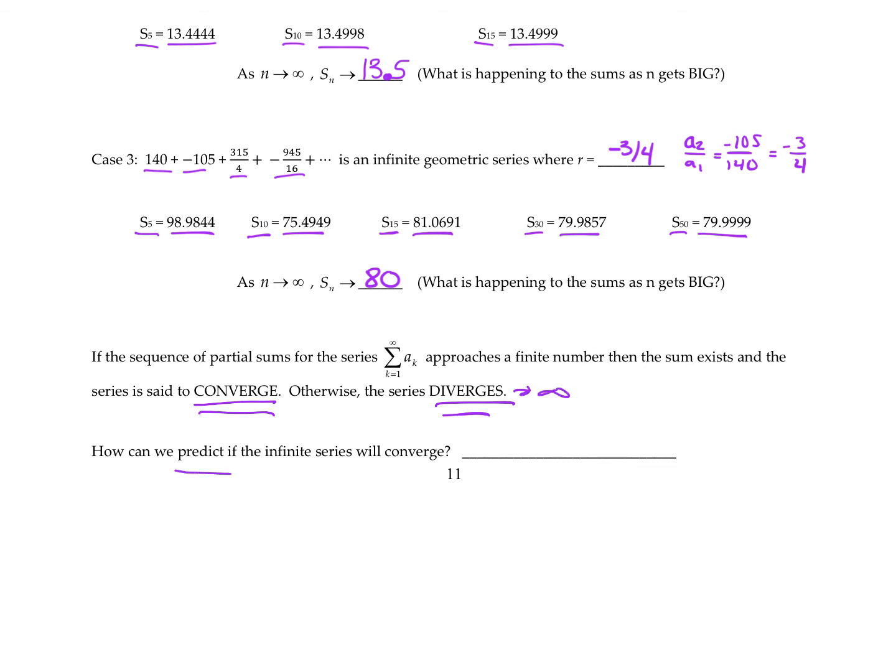So when will an infinite series converge? Well, it's when our r is between -1 and 1, or a lot of times you'll see it written as the absolute value of r is less than 1. So really, like the 1/3 or the -3/4, our r is less than 1, but again, the absolute value. So it's between -1 and 1. And so that's the only time that an infinite geometric series will have a sum.